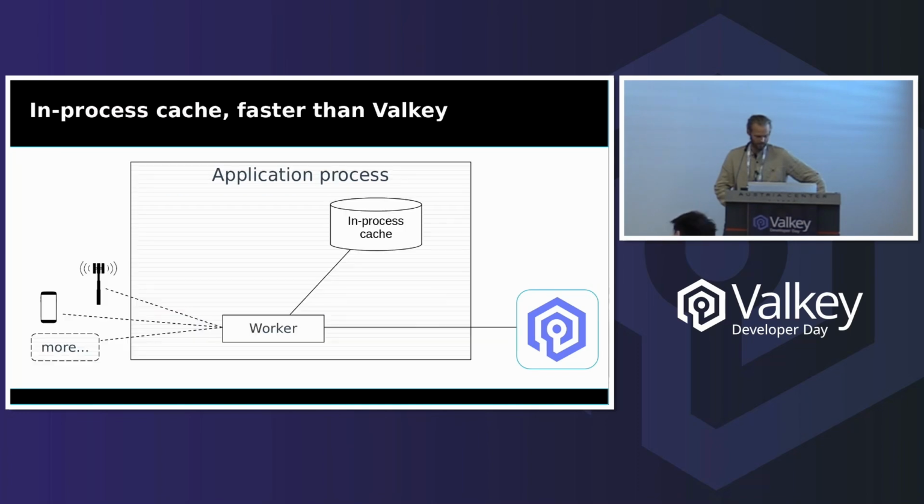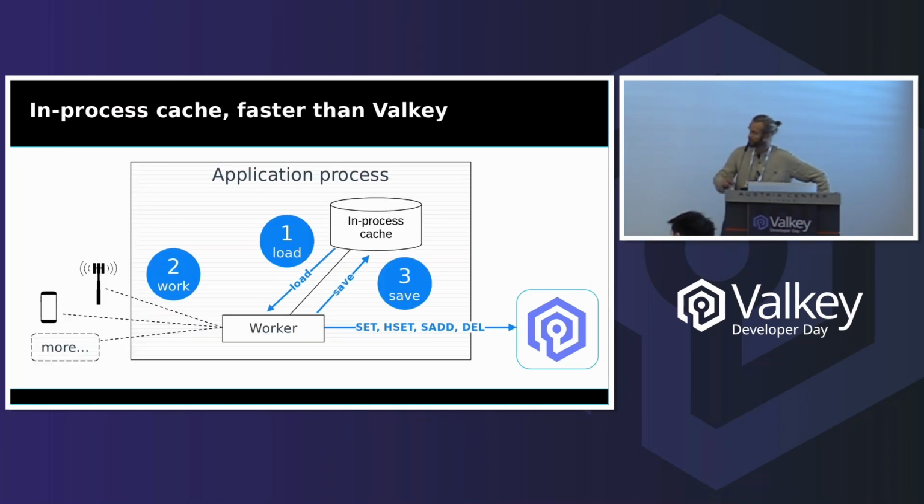If the write to Valkey fails, we can queue up these writes inside the application. So after a failover, after a few seconds, we can store it. So we have some extra safety to make sure we don't lose writes. But worst case, we can lose writes. You know, it's Valkey.